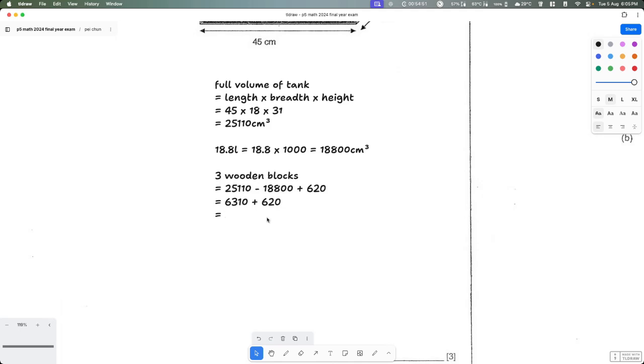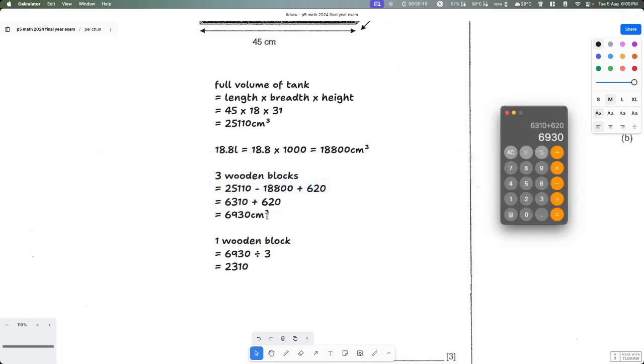6930 centimeter cube. Okay, so one wooden block is equal to 6930 divided by 3. This will give us 2310. You can use the calculator as well.